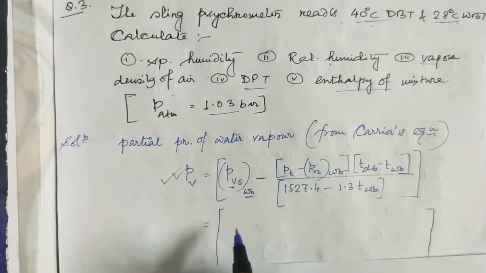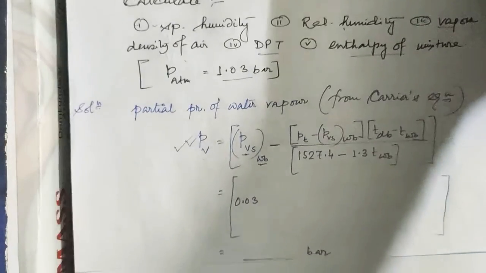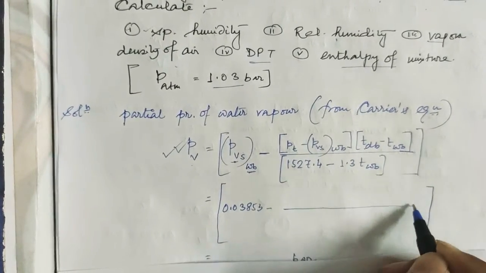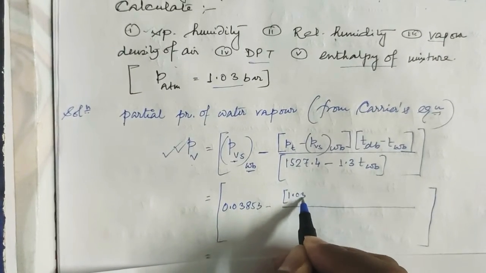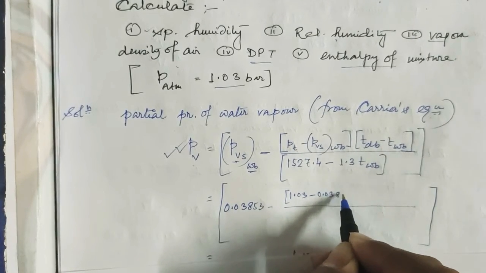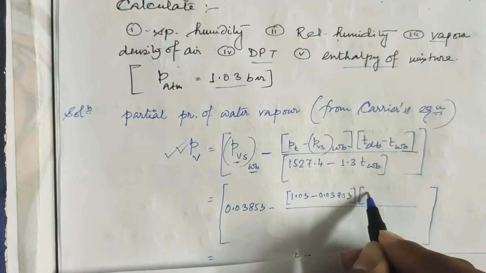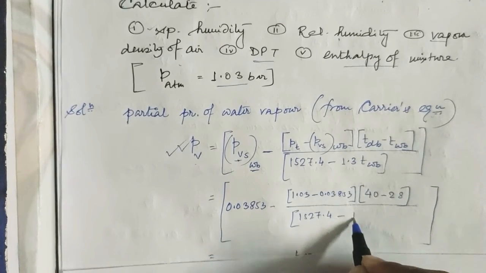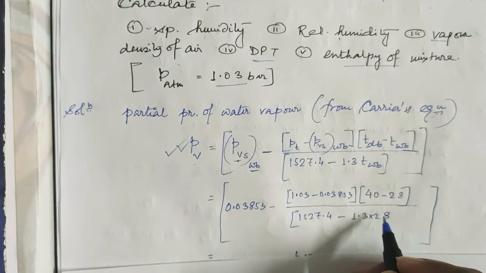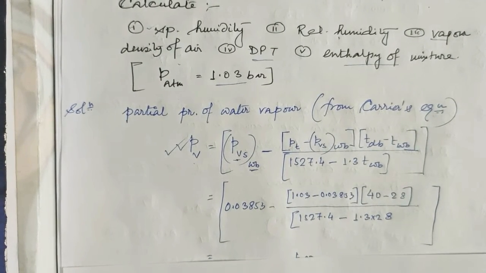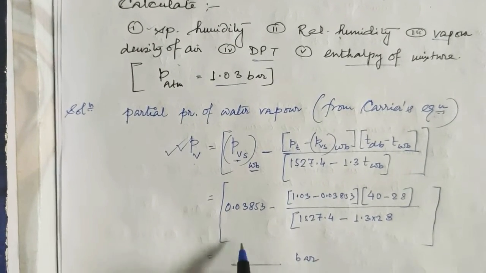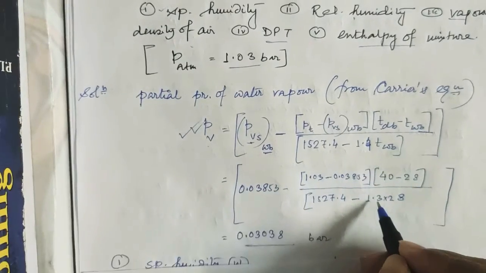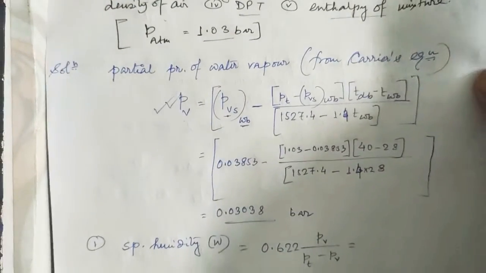From the steam table the value is 0.03853 minus 1.03 minus 0.03853 into 40 minus 28 divided by this one minus 1.3 into 28, which will give you, this is 1.4 actually. This value PV is known.